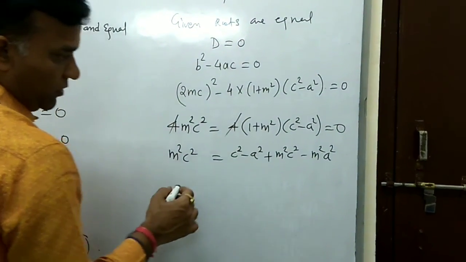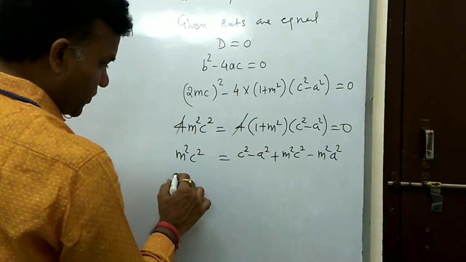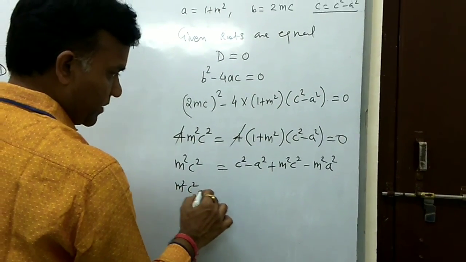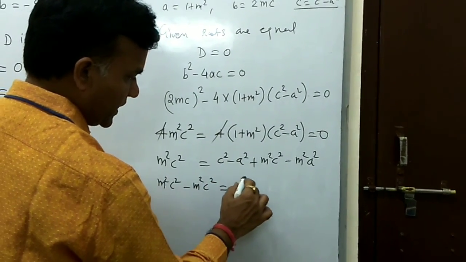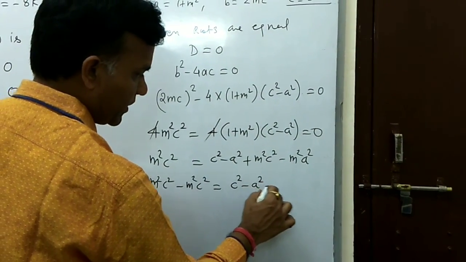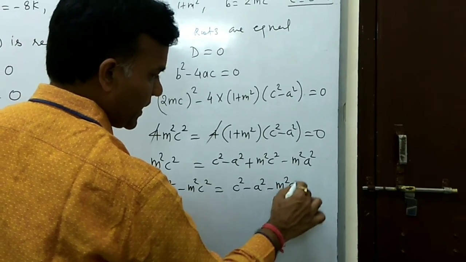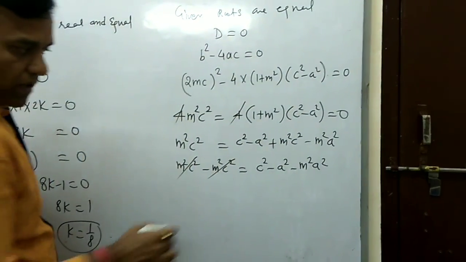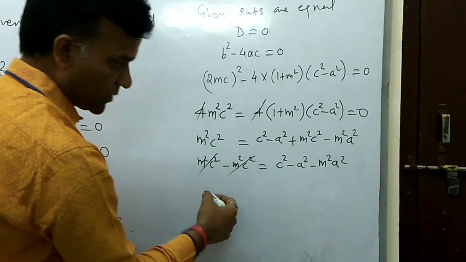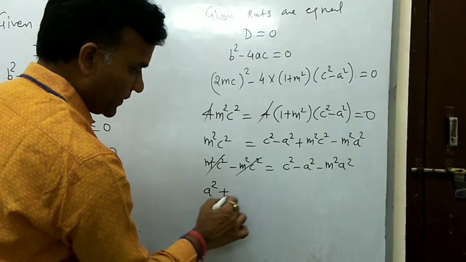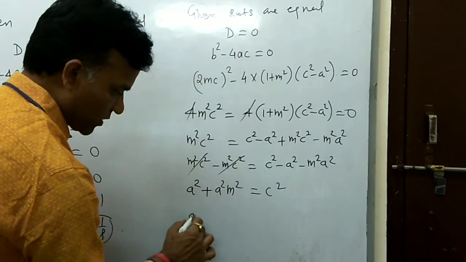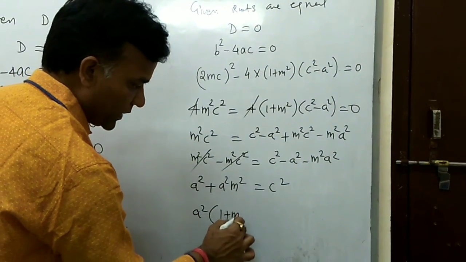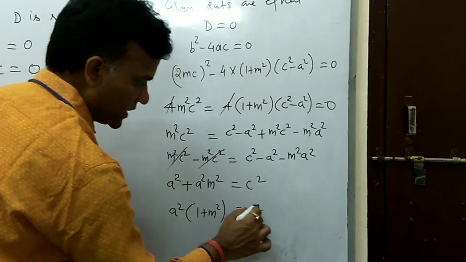Then separate the terms: m square c square minus m square c square cancel out, and you get c square minus a square minus m square a square. These two terms are negative, so shift them: plus a square and plus a square m square equal to c square. So a square is common, and the rest is 1 plus m square, equal to c square.